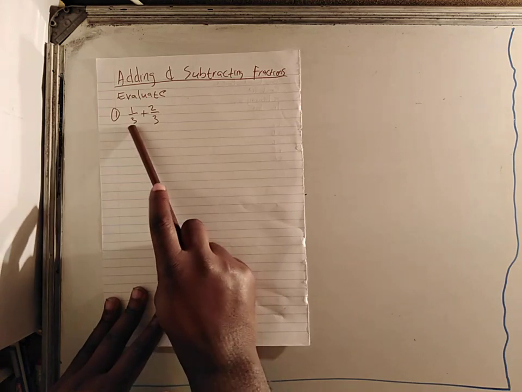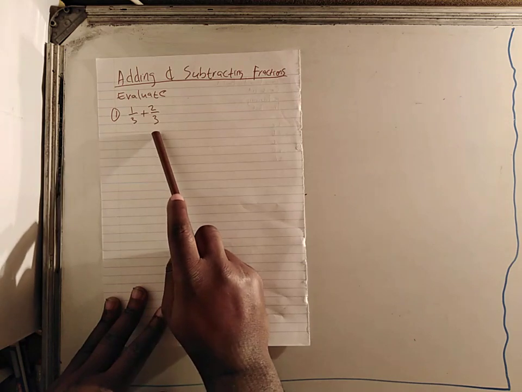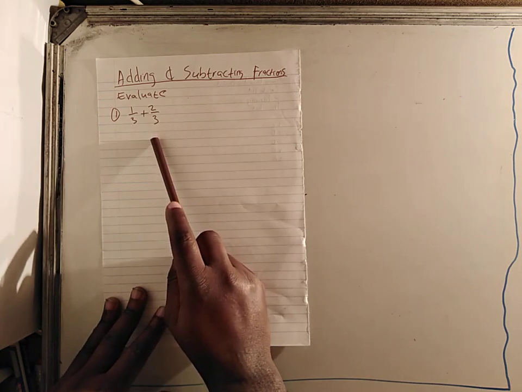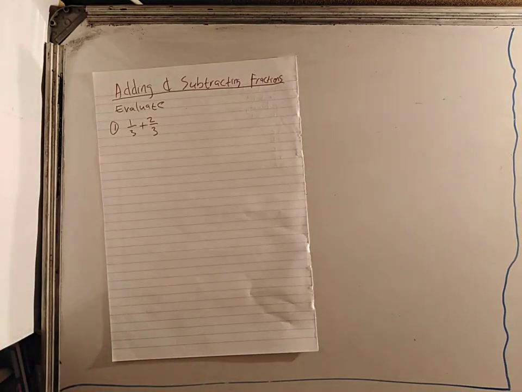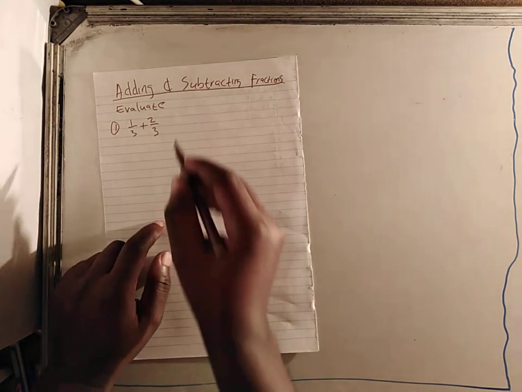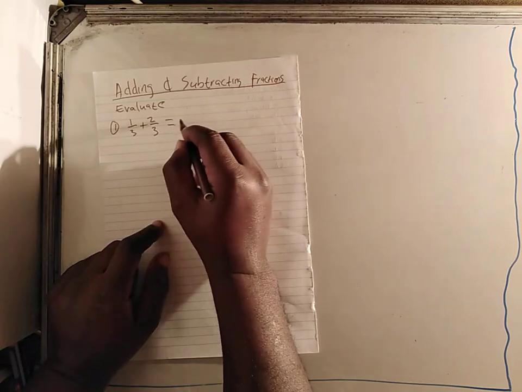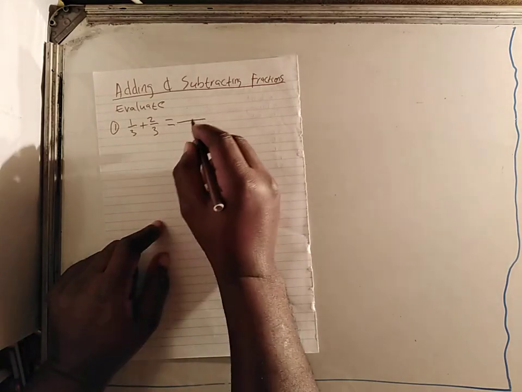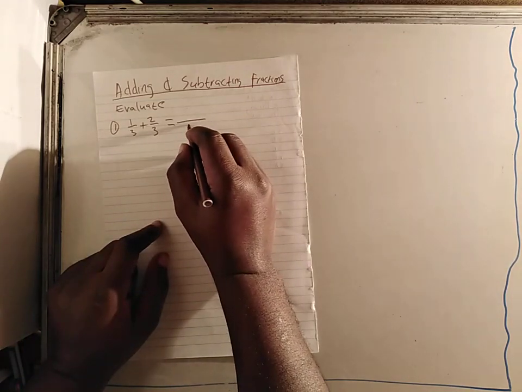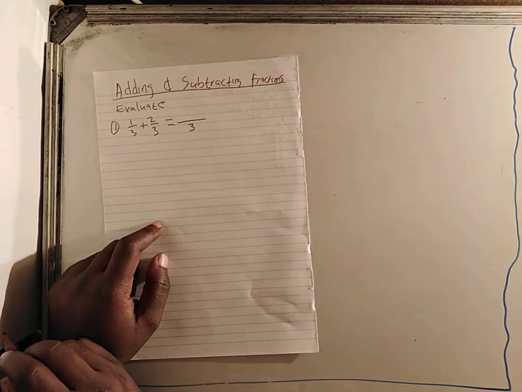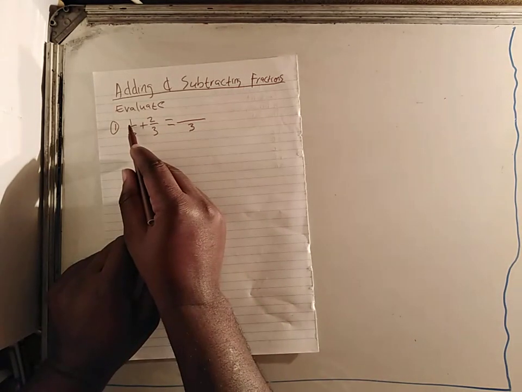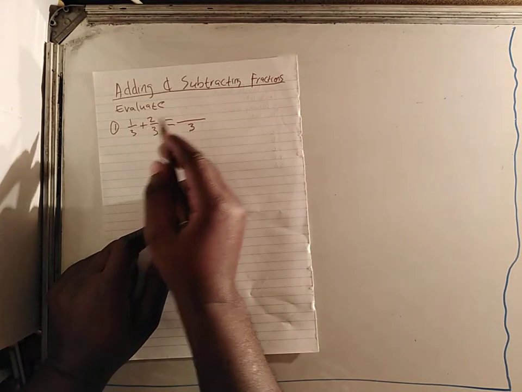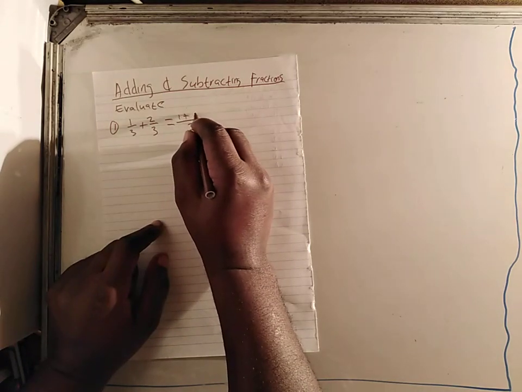I want you to notice that the denominators are the same here. So because the denominators are the same, we are going to do the following. We're going to say equal to. We take one of these denominators to represent both of them, and then we'll have 3 here. And then we take this 1 plus 2 as it is. So 1 plus 2.